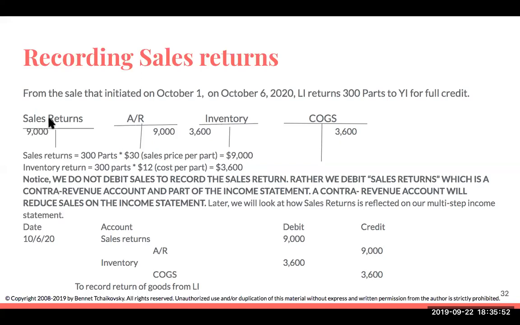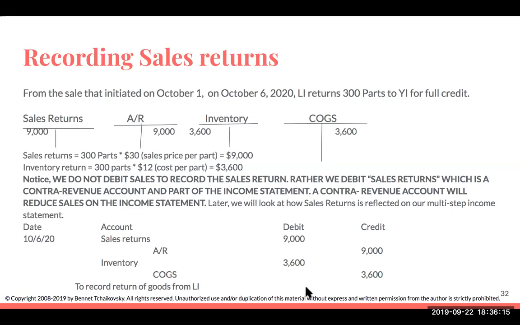Why do we call it contra revenue? Because it has a debit balance, right? Remember DCER, right? We record revenues with credits. It's going to be a contra revenue account, so we're going to be recording that with a debit.